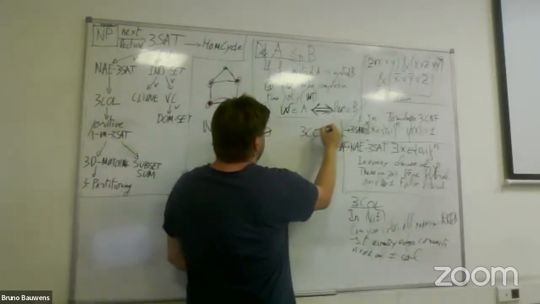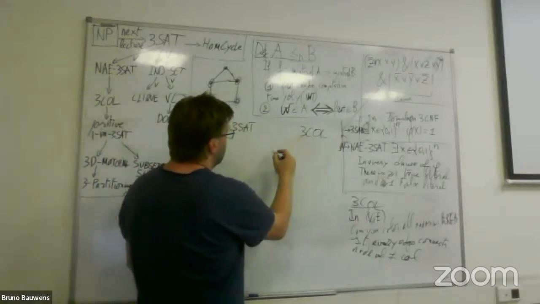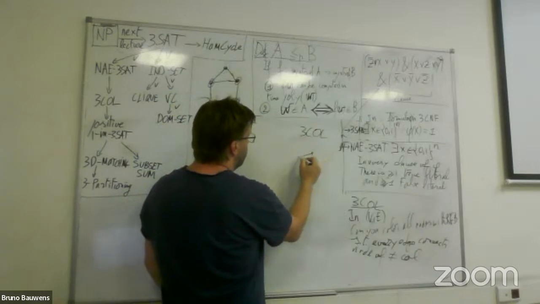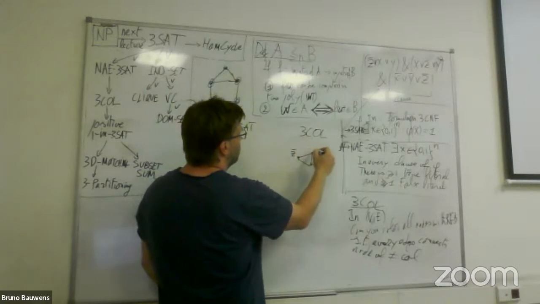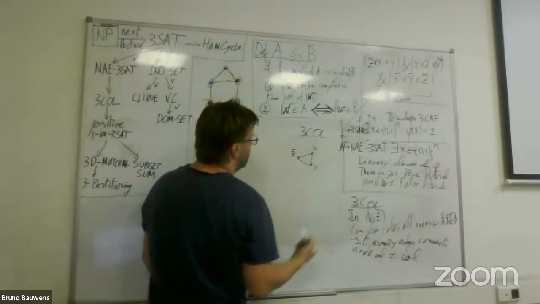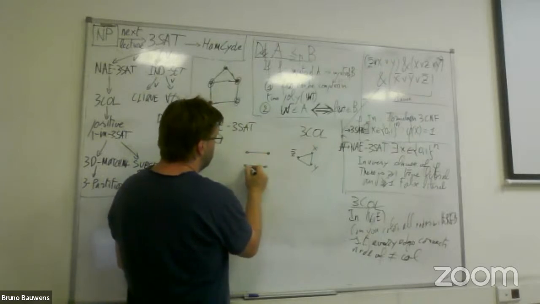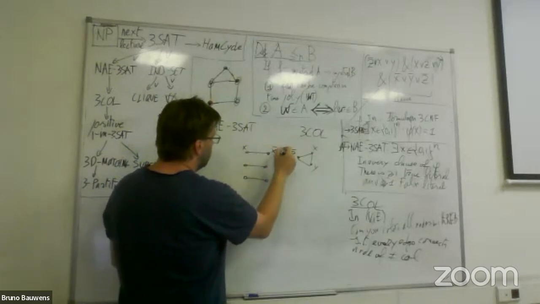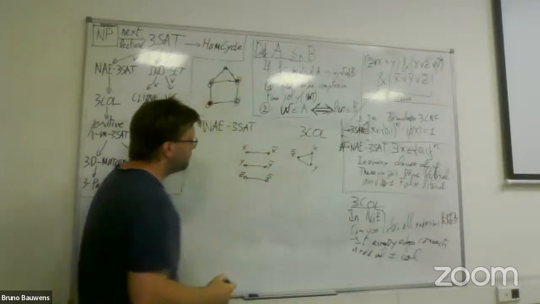Now we need an input for 3-coloring. Our graph will have a triangle for every clause, and every node is labeled by the literal as usual. For the first one, we have not x, y. For the variables, the gadget will be just a line: x, not x, y, not y, z, not z.